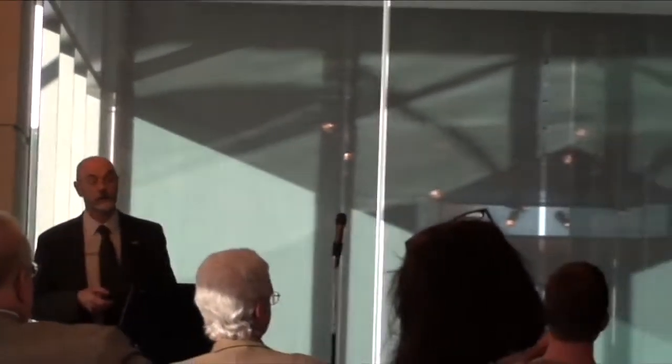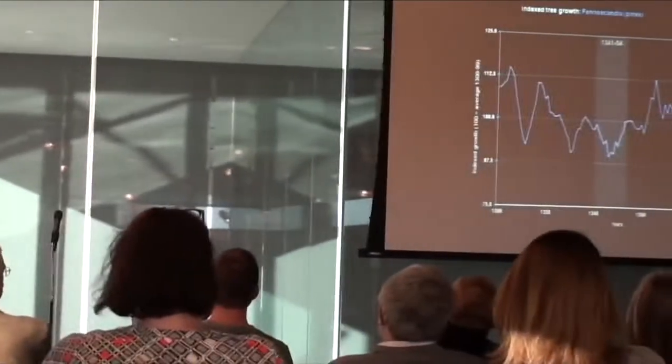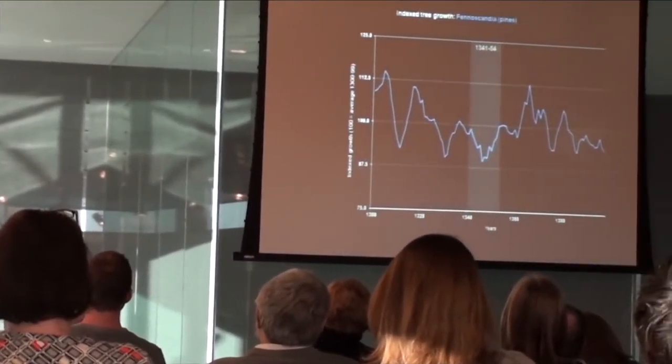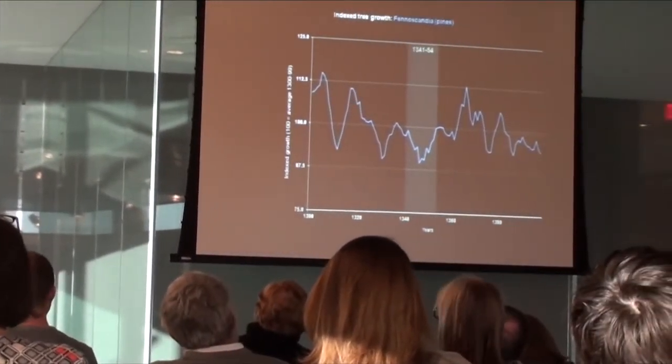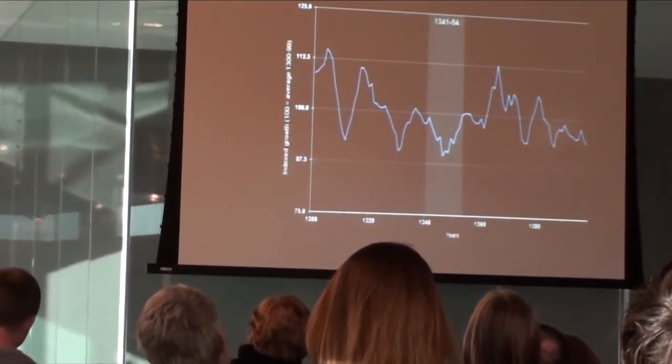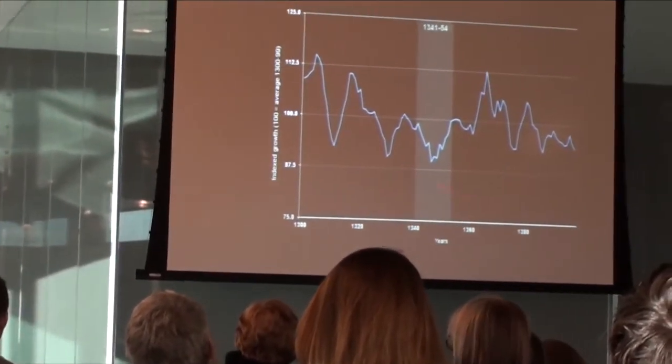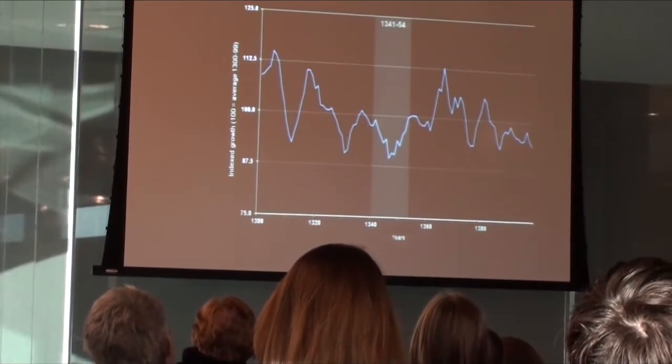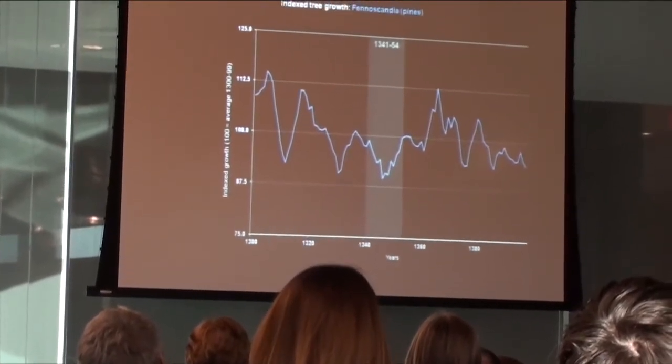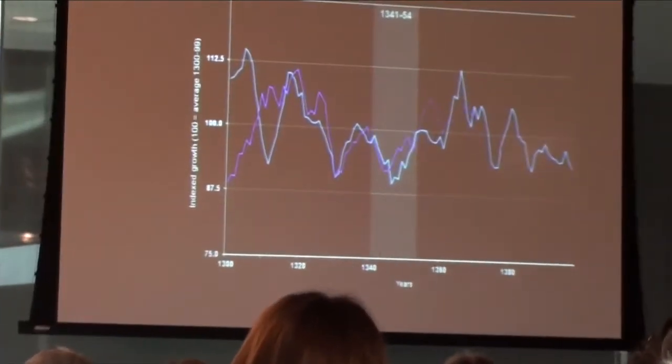Here's the first one. This is a dendrochronology for pines in general Scandinavia, what we call Fennoscandia, with a clear downturn here in the 1340s. It's not the only downturn, but a clear downturn in the 1340s.